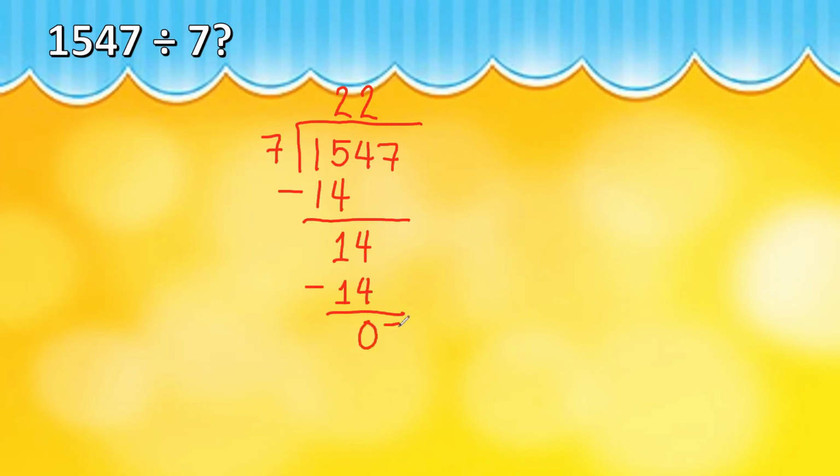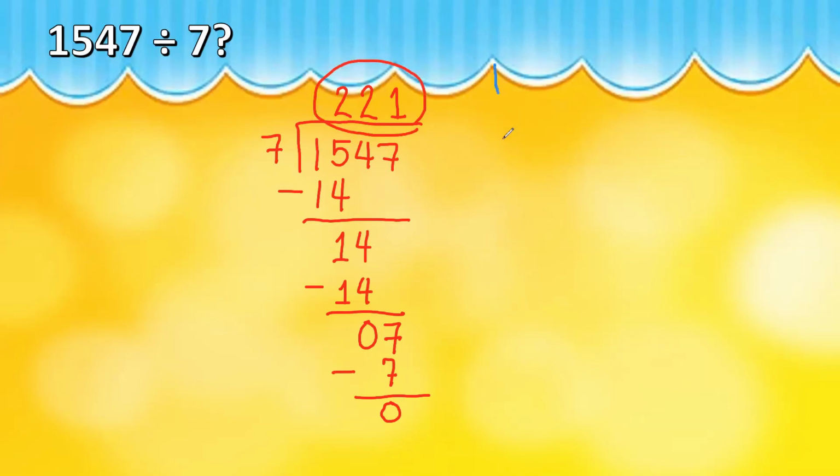Bring down 7. 7 divided by 7 is 1. 1 times 7 is 7. Then subtract 7 minus 7 is 0. So that means 1,547 divided by 7 is exactly 221.